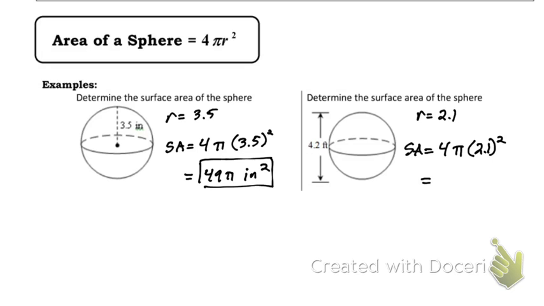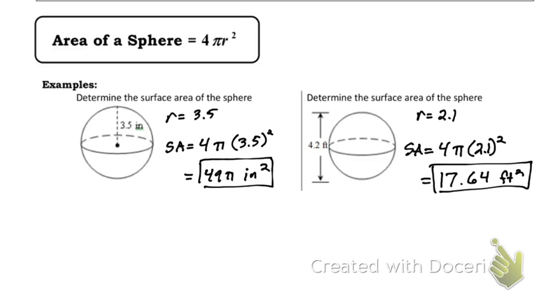Can someone give me that value? I think we can get an exact answer. 17.64. Does it keep going? No. It's exactly 17.64, right? Yeah. All right. And that would be feet squared. So we didn't need to round it. It's exactly 17.64 feet squared. If I did say round to the tenth, we would just go 17.6.